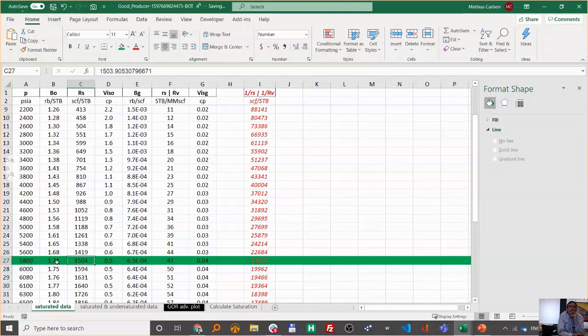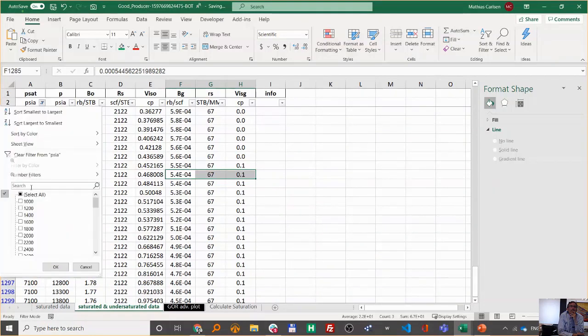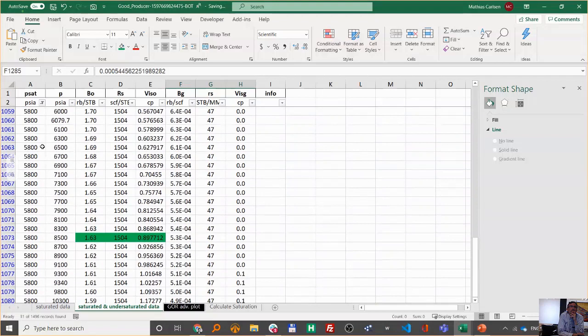So when that's the case, we have to go into the undersaturated table, sorry, that's the second sheet. We need to find the saturation pressure of 5,800. And we need to also go to the pressure that's given here. There I've cheated a little bit just to highlight that for you.